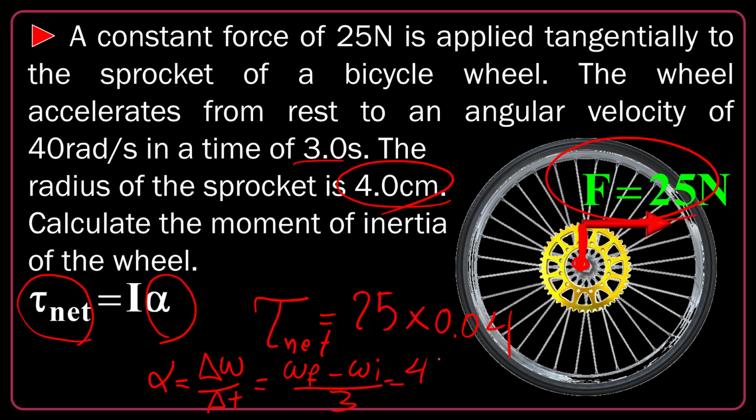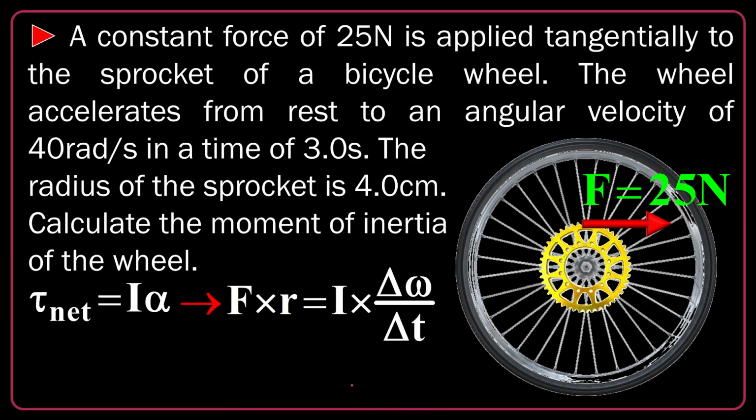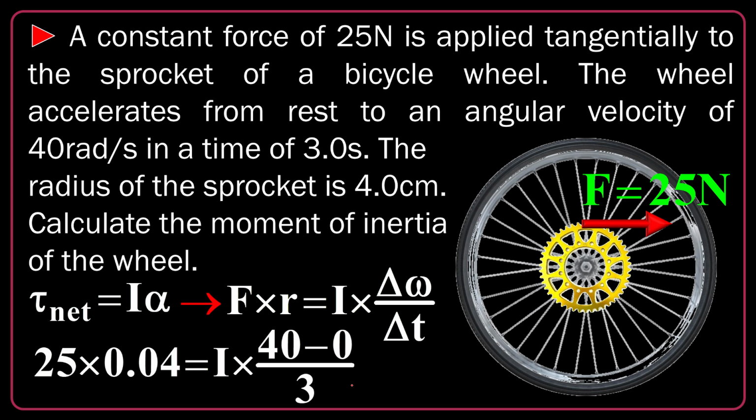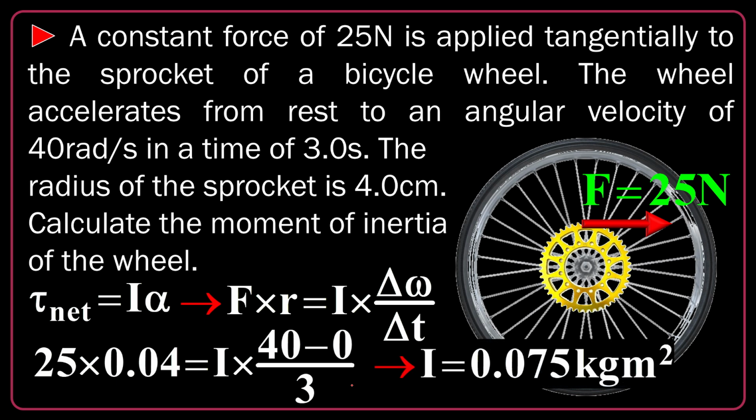So it's 40 divided by 3 because omega initial is 0. It started from rest. So we have everything. We just should plug in the values and find the I, our target. It's 0.075 kilogram meter square. As we used all quantities in SI, the answer also will be in SI units.